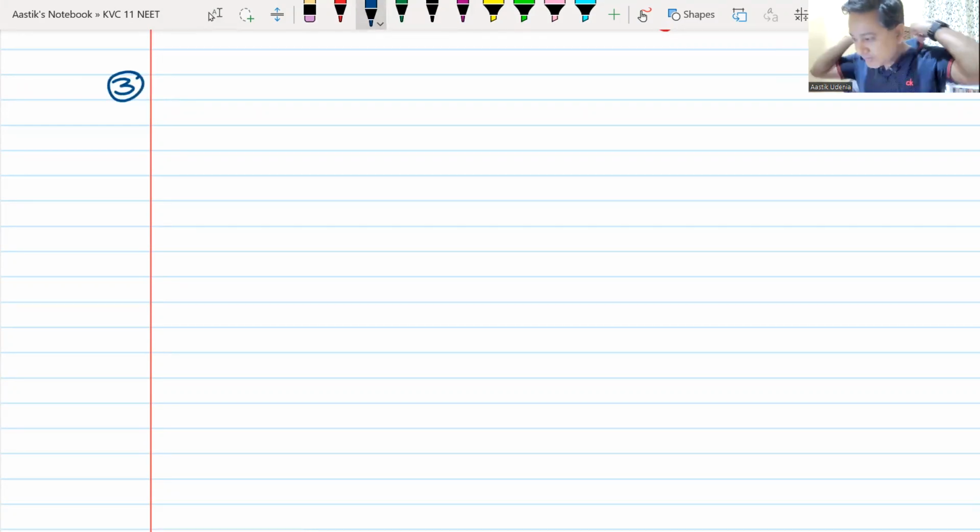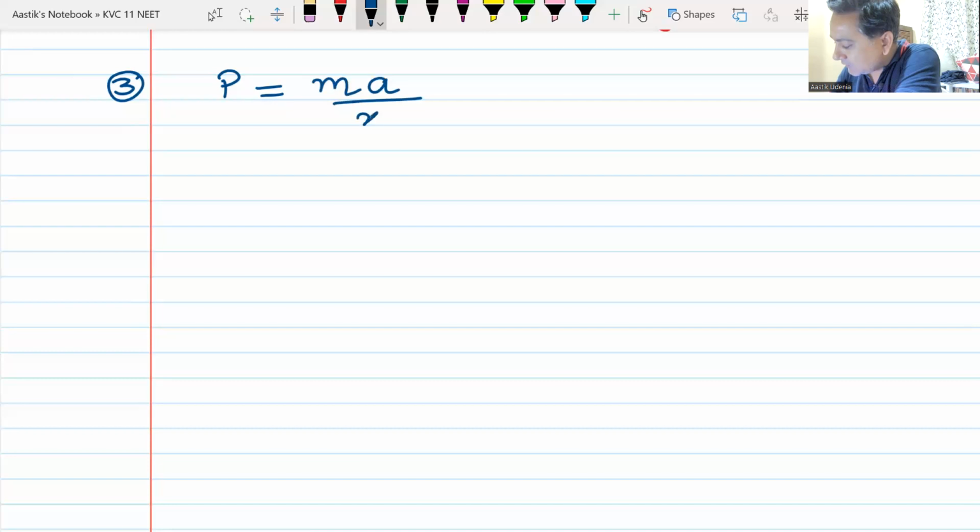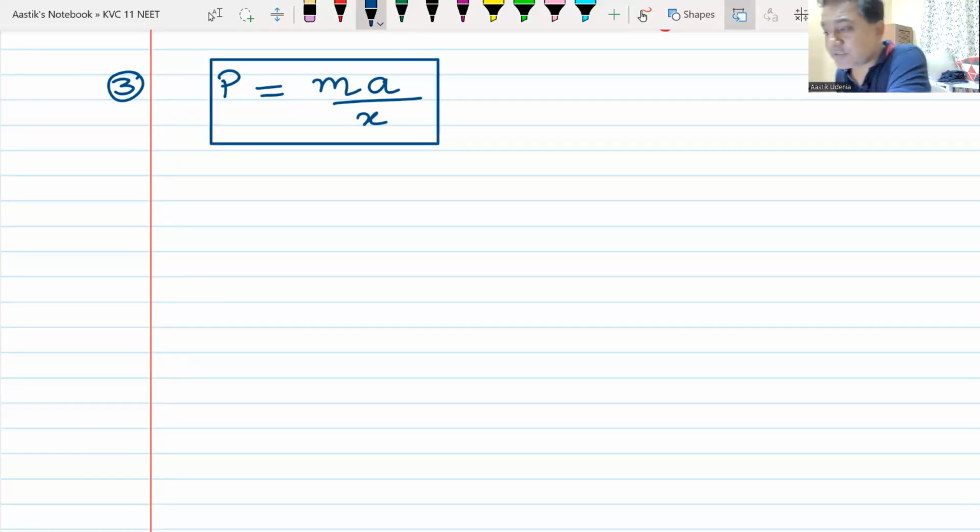Now, question number 3, let me talk about this. Okay, I'll give you this. Pressure exerted on a body is equal to M into A by X. Pressure exerted on a body by something is given by this formula.